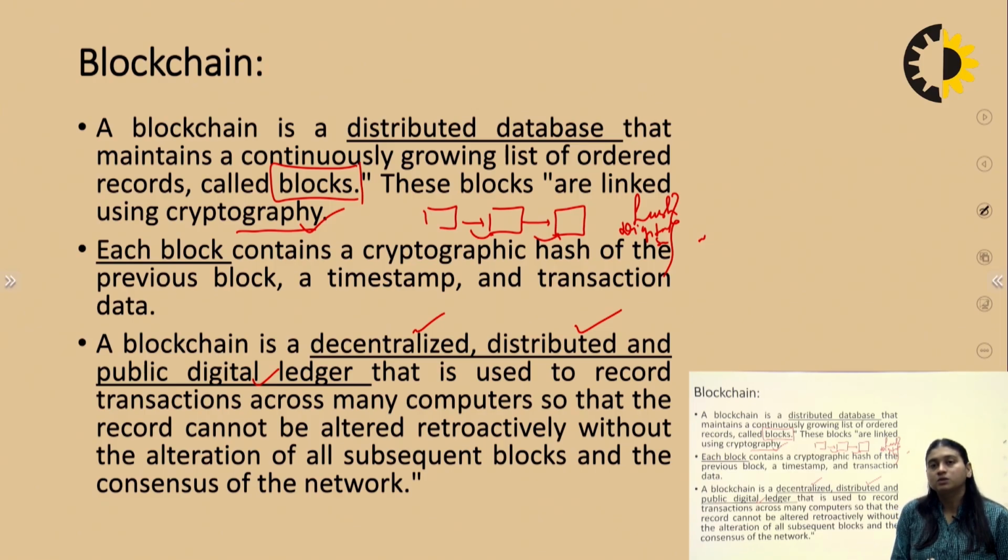For that we have consensus mechanisms, but two important things to remember: a blockchain is a decentralized and distributed system, and it is used to record transactions across many computers so that the records cannot be altered. Once stored, a record cannot be changed without altering all the subsequent blocks and also the consensus or agreement of the network.